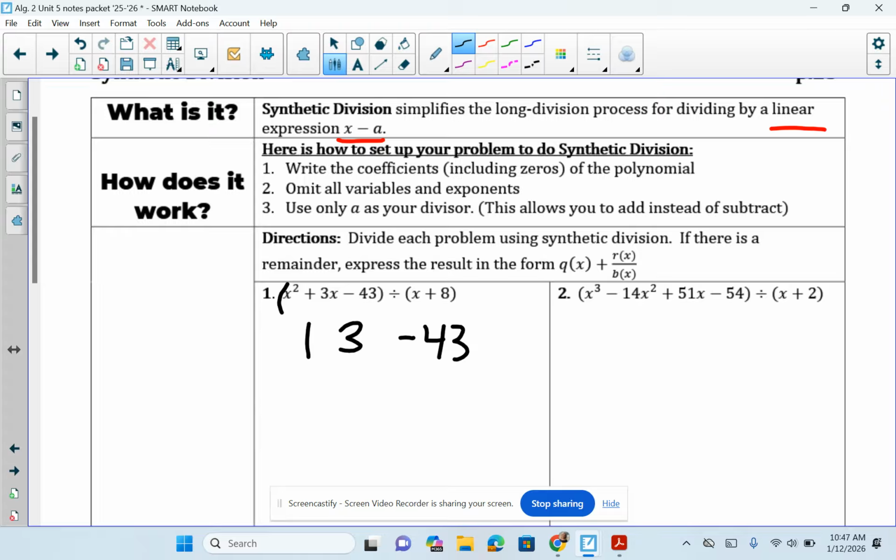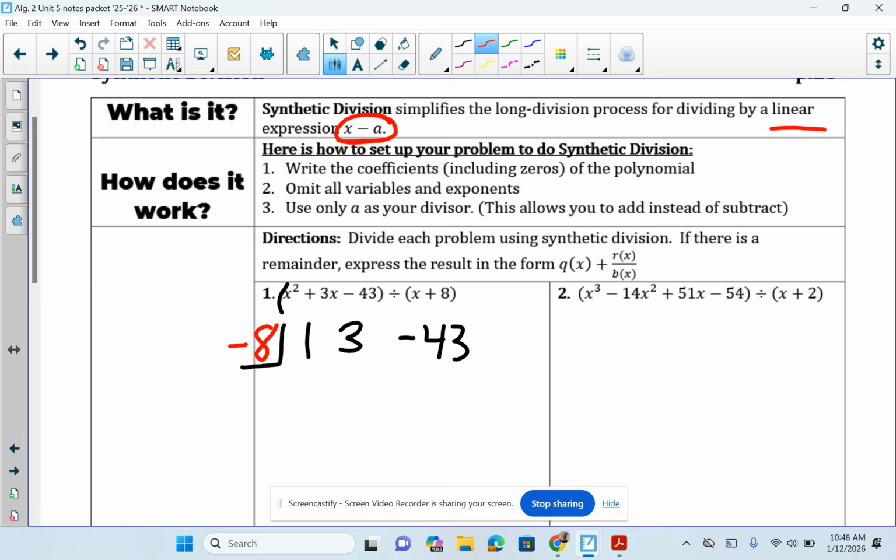So that's step 1. And we omit any variables and exponents. All you write are the coefficients. Then we're to step 3. We're going to make a little box out here. You only use a as your divisor. So the fact that we are dividing by x plus 8, I'm going to use negative 8 here, because it's always x minus your a value.